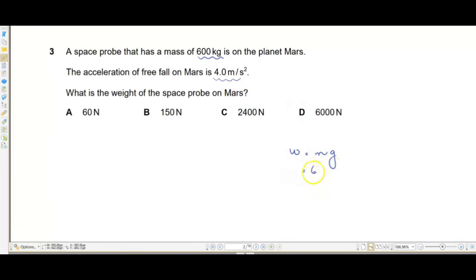We know the mass, 600 kgs. The unit is also perfect. And we know the value of free fall on Mars, which is 4. So 600 into 4 is going to give us 2400 newtons. So the weight of this space probe is 2400 newtons.